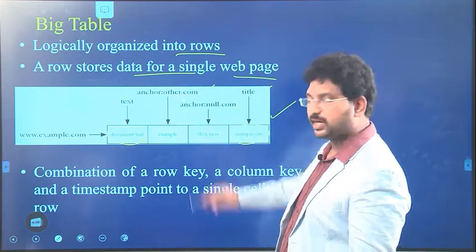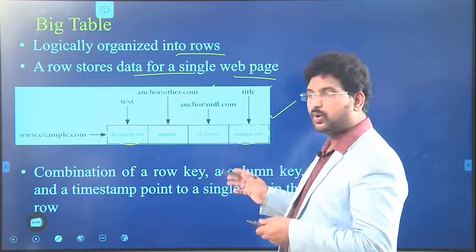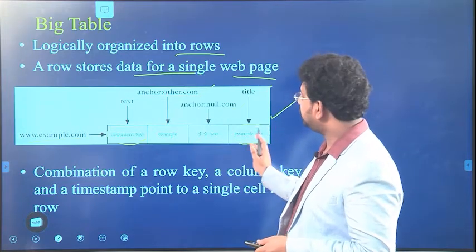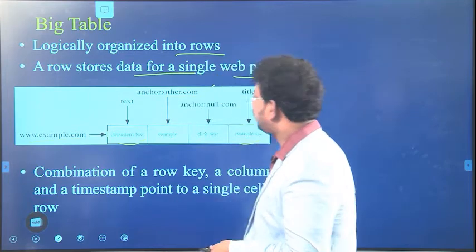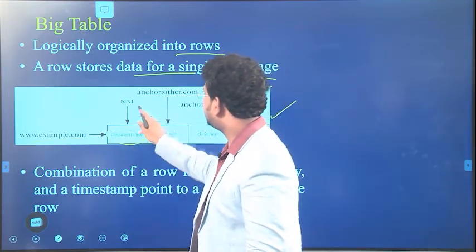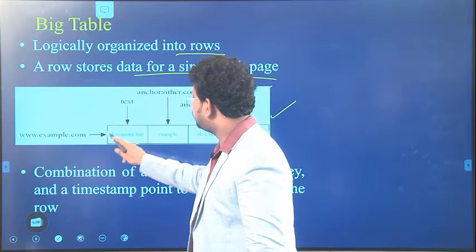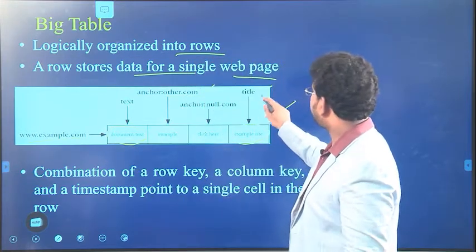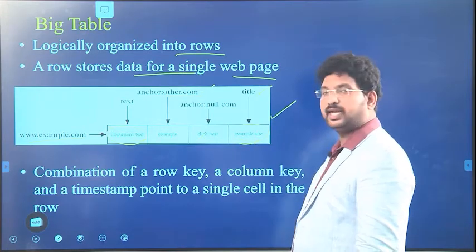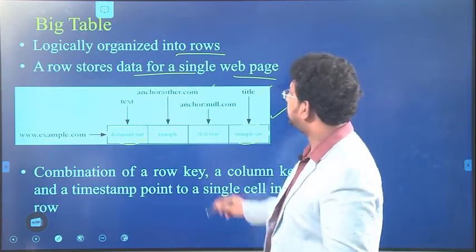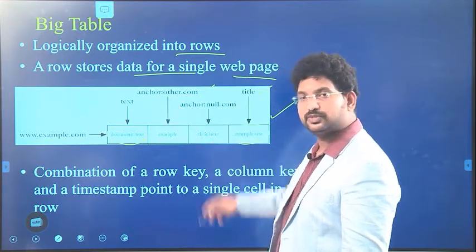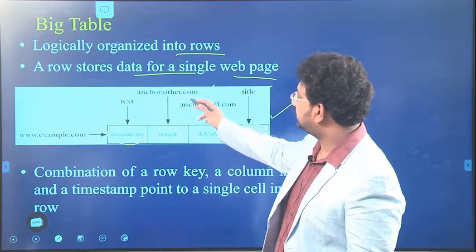It is logically organized into rows. A row stores data for a single web page, and this row represents the web page www.example.com. It has the text field consisting of the document text, and it has a title. This represents the anchor text of the example site. And here there is anchor other.com and anchor null.com: how many links it is associated with, from where it is getting the data.